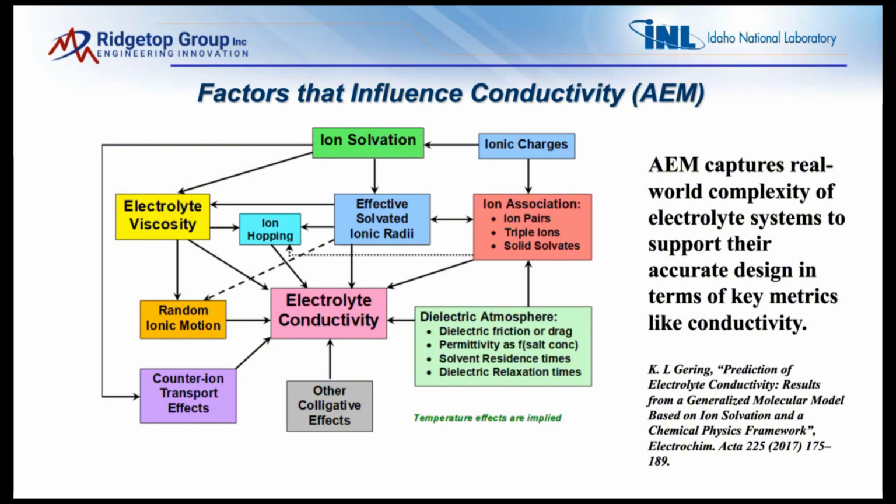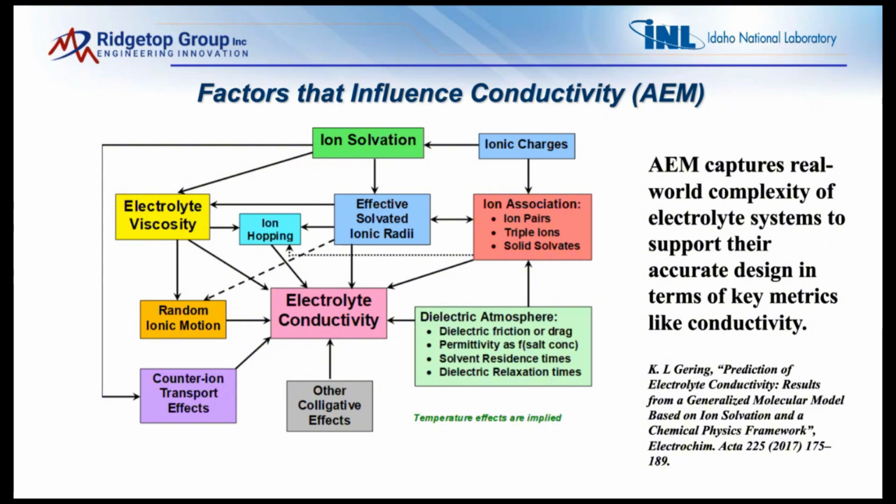Electrolyte conductivity has a molecular basis starting with ion solvation. Through ion solvation, we get things like the effective solvated ionic radii. And then through permittivity and ionic charge information, we can assess the ion association through ion pairs, triple ions, and solid solvates.